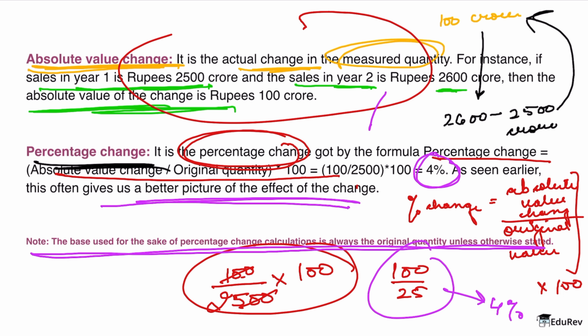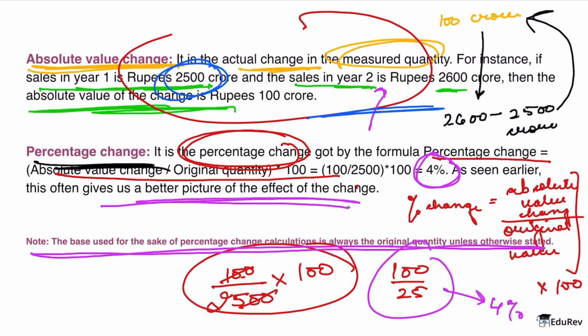In this example, 2,500 was my original sales, and then in the next year 2,600 was the sales. So the original sales, which I'll take as a base, is 2,500 crore. Unless stated otherwise, sometimes in your questions it can be mentioned that you need to take the new one. In that case, instead of 2,500, you need to consider 2,600 for your calculations.